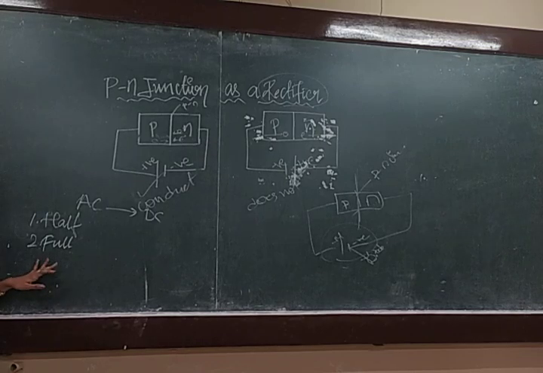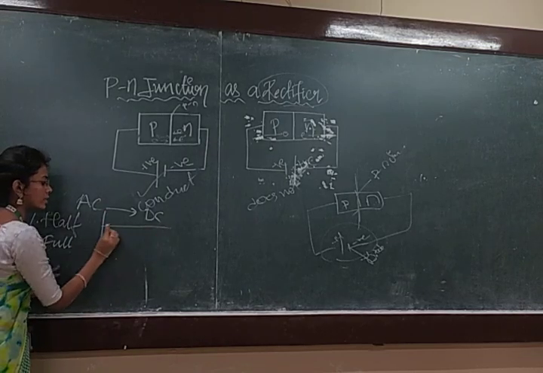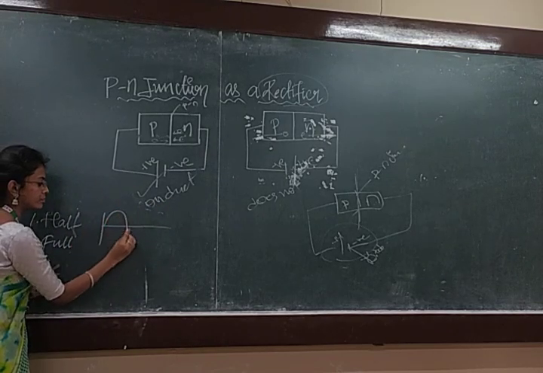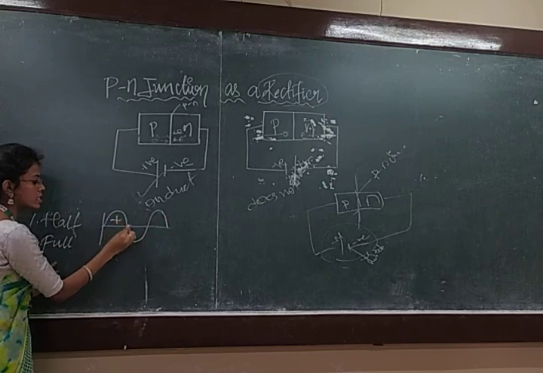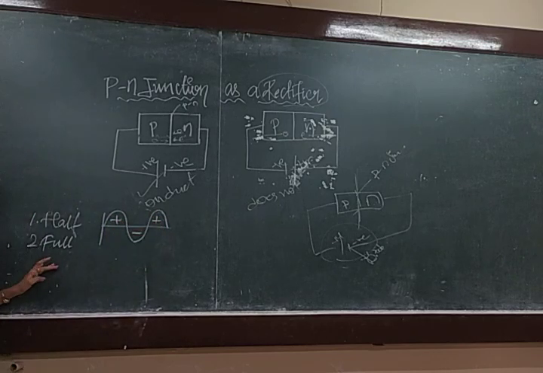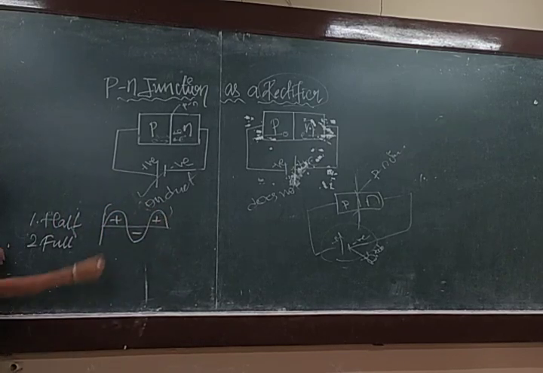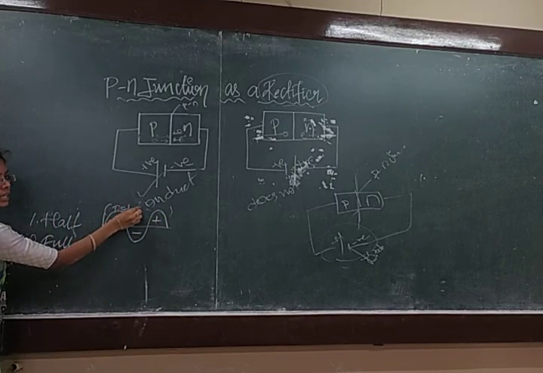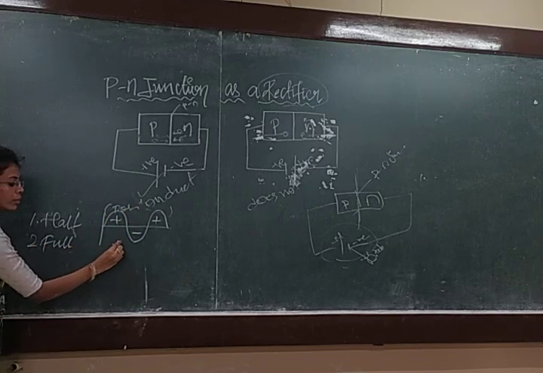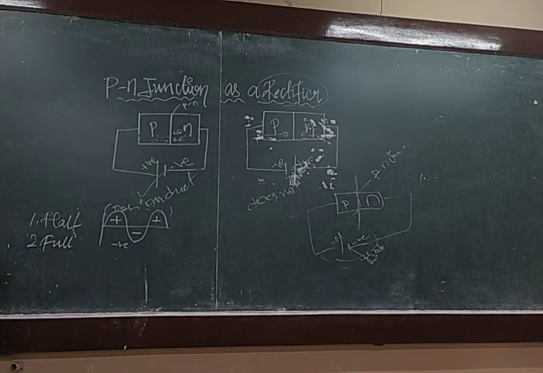In the half wave rectifier, we have an output like this. Positive, negative, positive. Wherever we see the positive upside, we will call it a positive cycle, and the down one we will call a negative cycle.